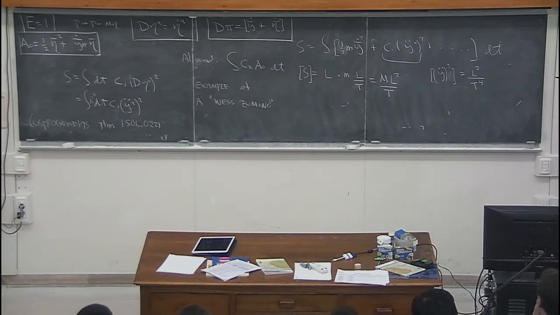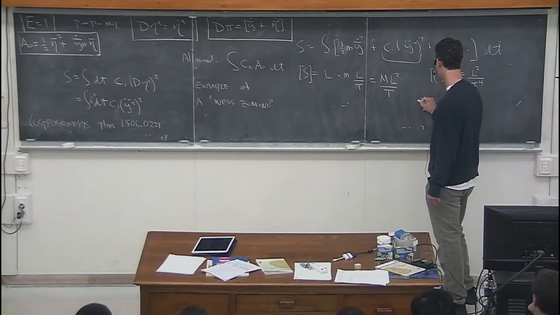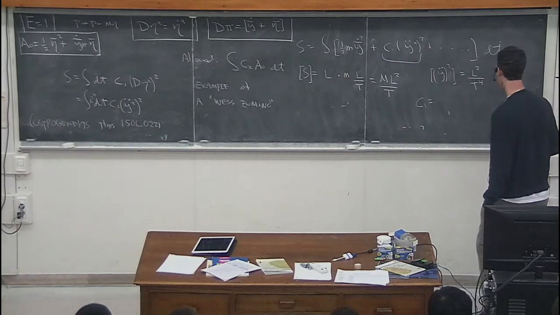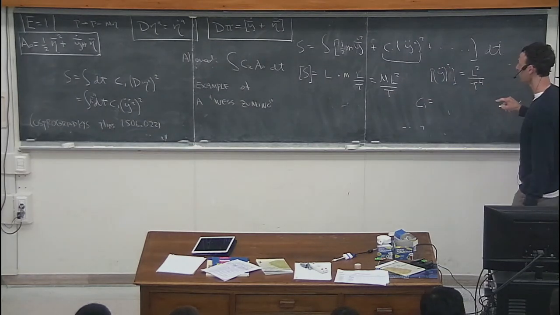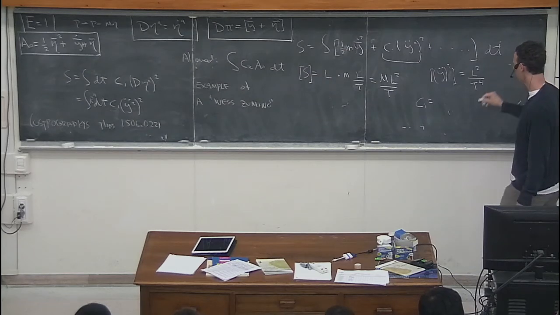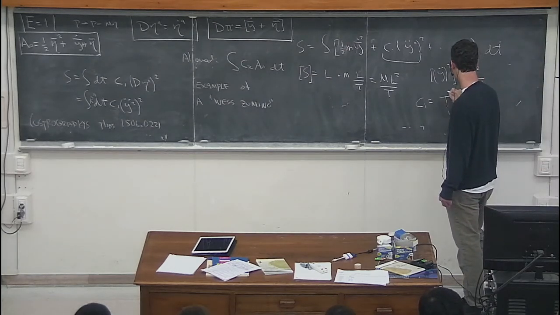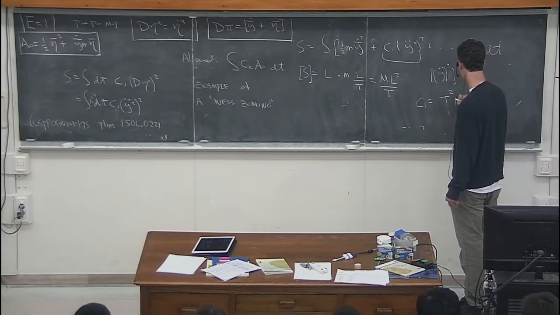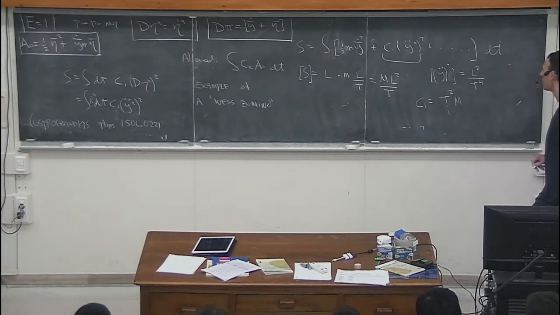So that means that C1 must have the units of, so we pick up a t here. So C1 has to have the units of time squared times mass. Is that right?